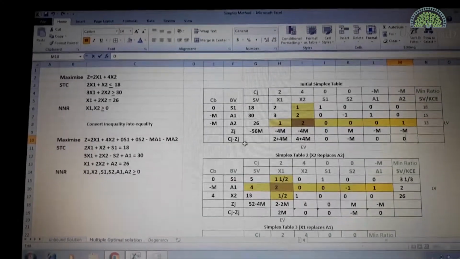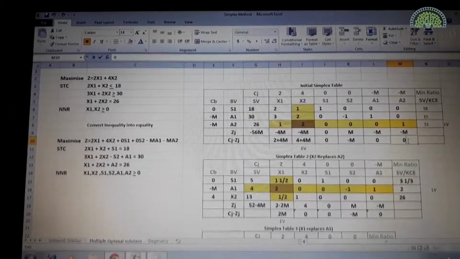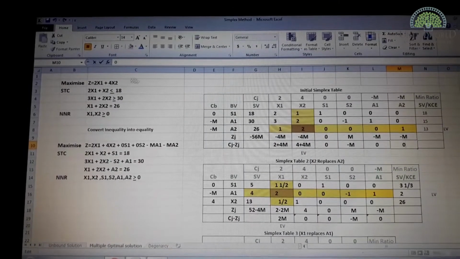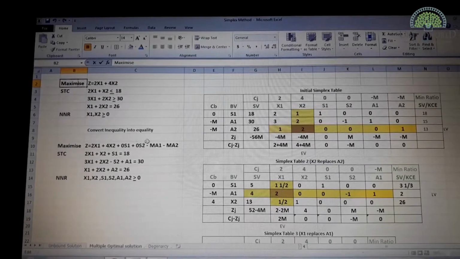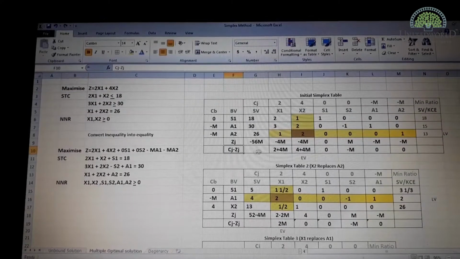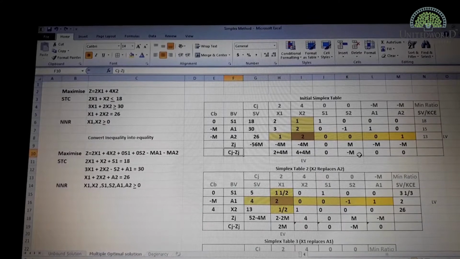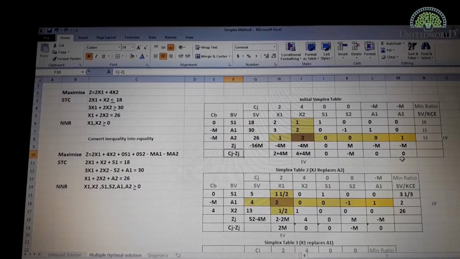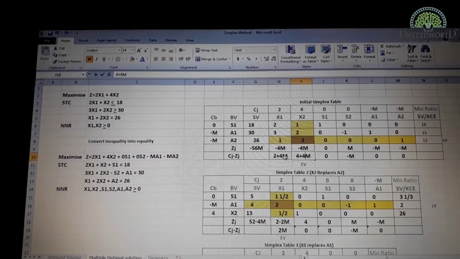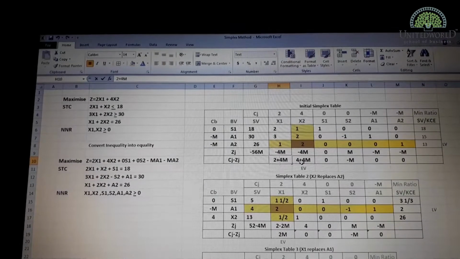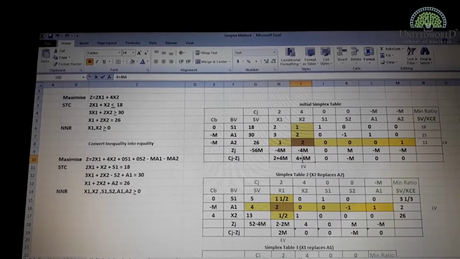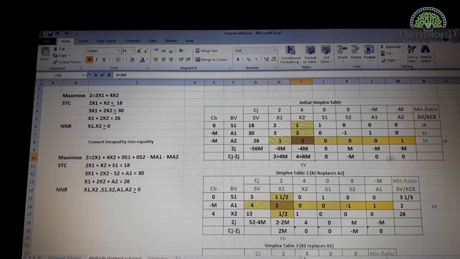Now once you have got all the values for the Cj minus Zj row, we all know that when our problem is a maximization problem, a solution is said to be optimum when all the elements of the Cj minus Zj row are either 0 or negative. In this table, we see that there are two elements which are positive, that is 2 plus 4m and 4 plus 4m. The rest of the elements are either 0 or negative.